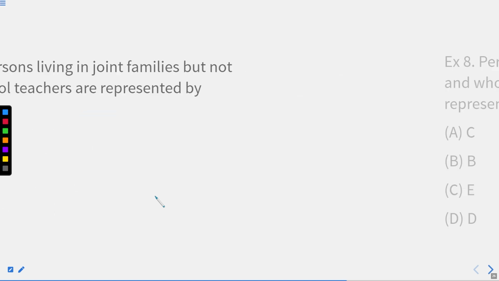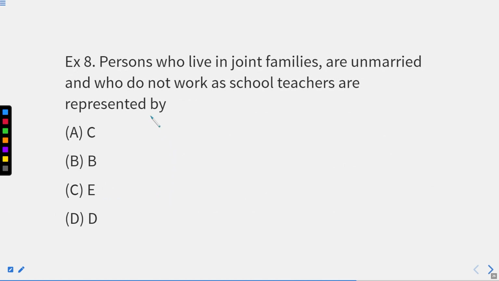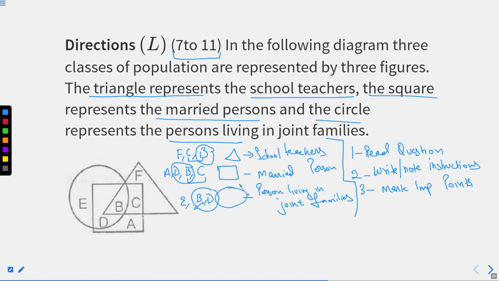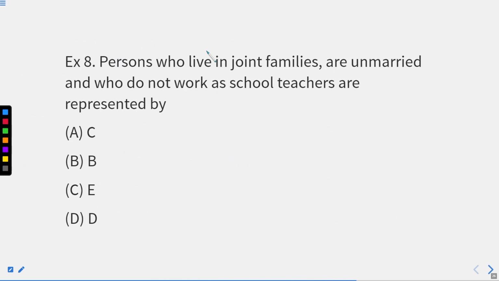Now we'll move to the next part. That is, a person who lives in joint family, right? We know the persons who live in joint family are E, D, B. They are unmarried, who do not work as school teachers.